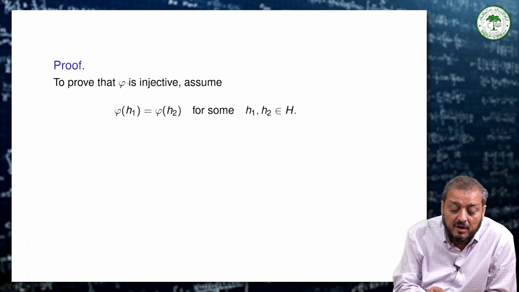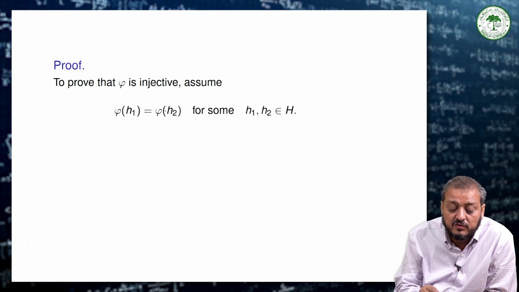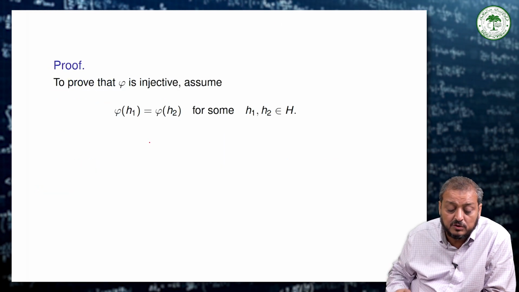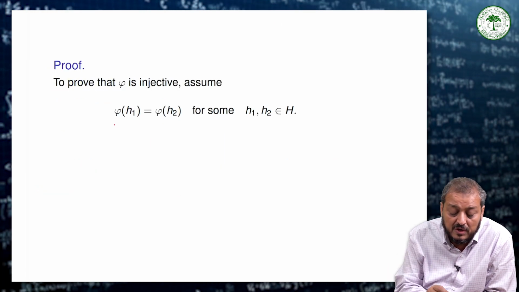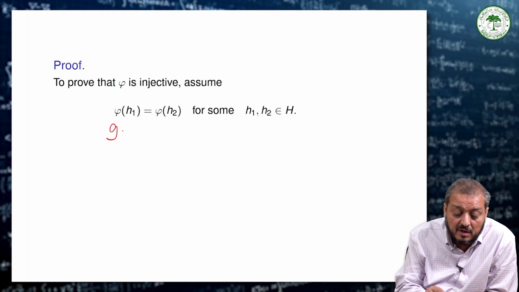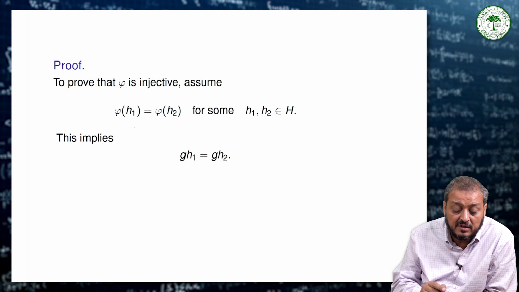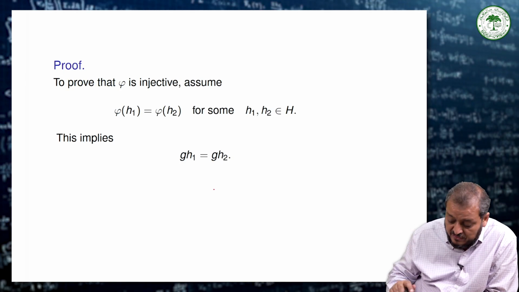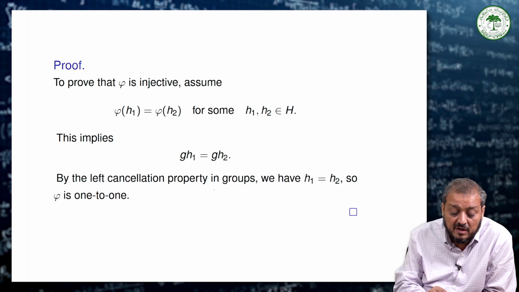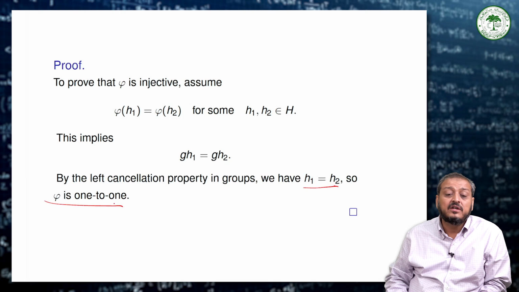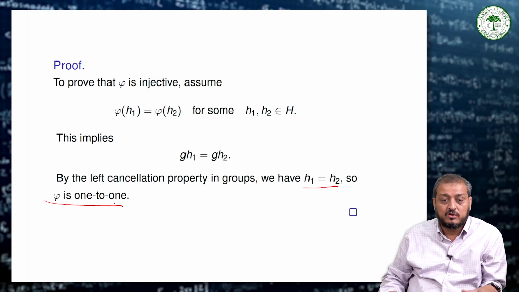Assuming that phi of h1 is equal to phi of h2, since the map is defined as phi of h equal to gh, we get g h1 is equal to g h2. Now by the cancellation law, we can say that h1 is equal to h2. So phi is clearly a one to one correspondence.